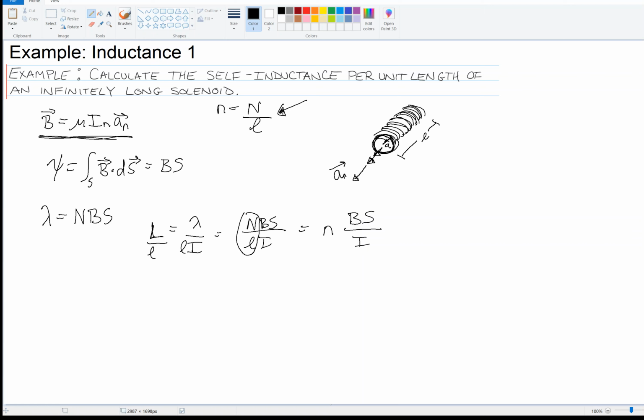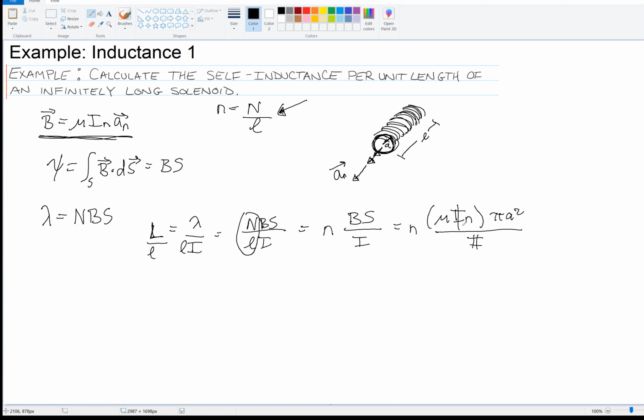We did that previously. So I've got N times mu times I times N times the area, the surface area, and the surface area I'll just call pi A squared, right? The radius of this thing is A, divided by I.